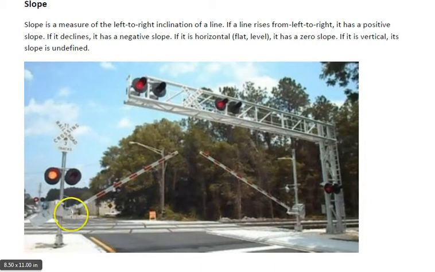In this picture here of the railroad crossing, right here we have one of the bars going from left to right. The bar is rising, so that has a positive slope. This bar here going from left to right is declining and has a negative slope. If it is horizontal, that is flat or level, it has a zero slope.